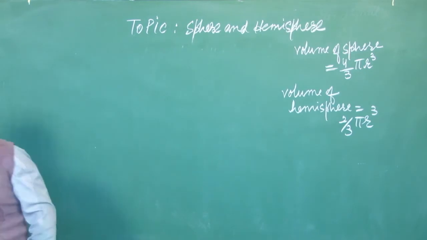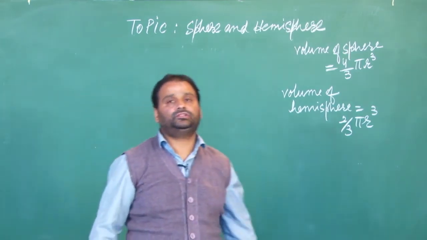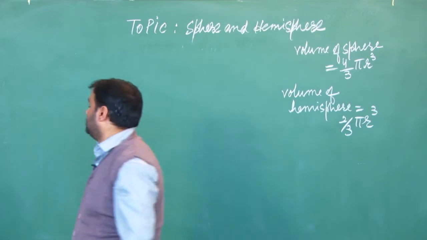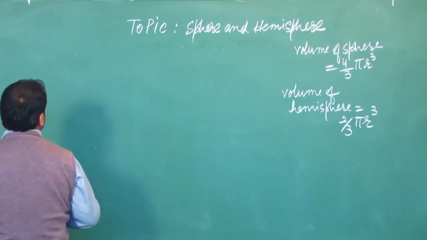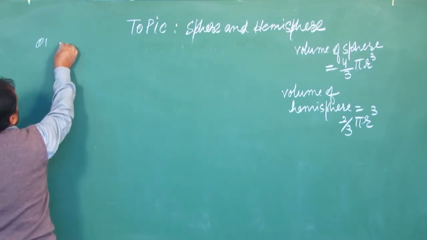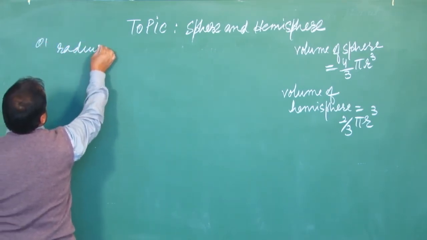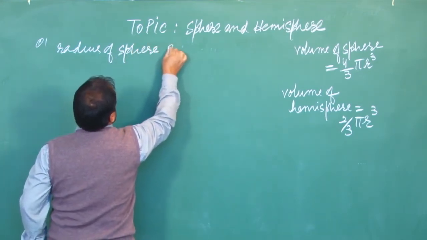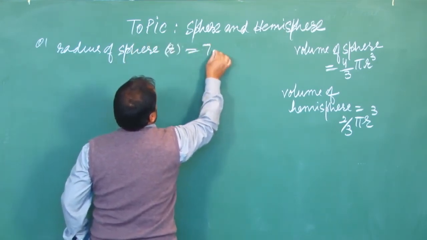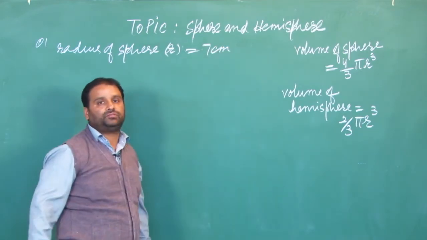Now, we will do certain questions related to volume of sphere and hemisphere so that you can understand it fully. We are given the radius of a sphere is 7 centimeters. What is its volume?